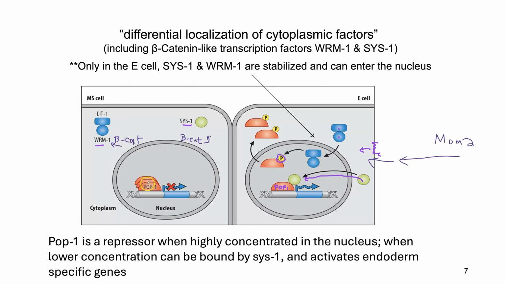And when they do that, it's in huge concentration in the nucleus in the absence of Wnt signaling. And when there's lots of it, it kind of loads onto the regulatory sequences of the genes, and it turns them off. It prevents them from being transcribed because it's forming these multi-unit complexes with itself, right?